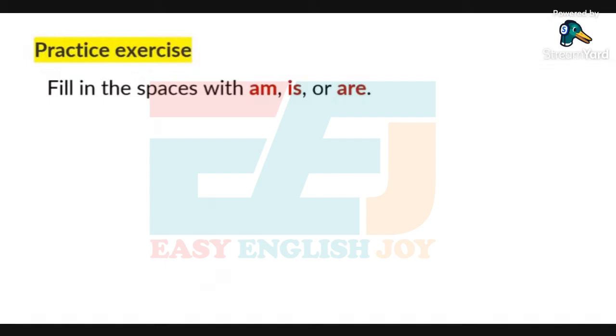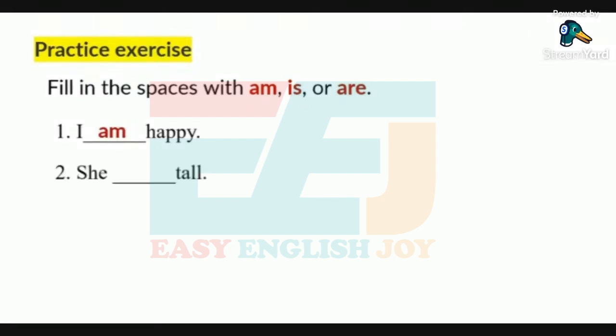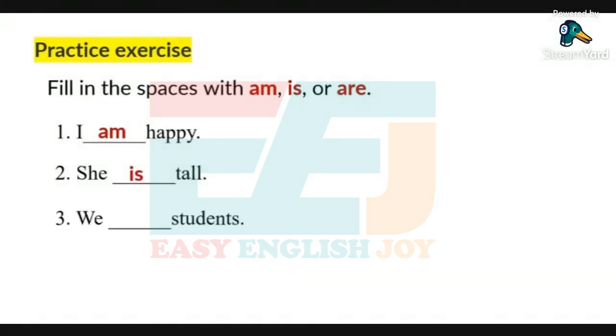Exercise number 2. Fill in the spaces with am, is, or are. 5 seconds. Answer is am. I am happy. 5 seconds. She is tall. 5 seconds.